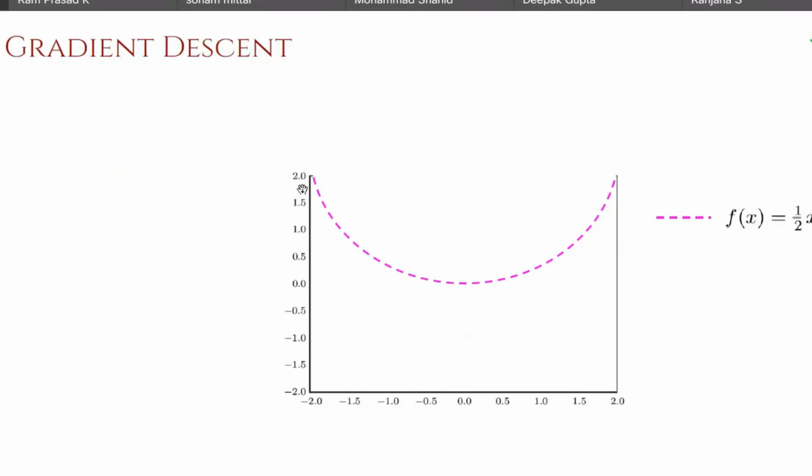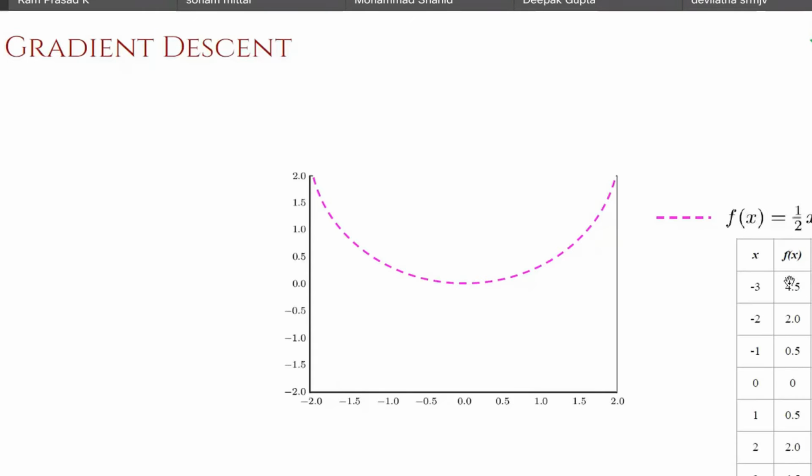Obviously it is a convex curve, and quadratic functions always look convex. Now the question we are posing is, for what value of x does this function f of x attain the minimum value? Because for several values of x, this will evaluate to a scalar value. So for what value of x does this attain the minimum value?